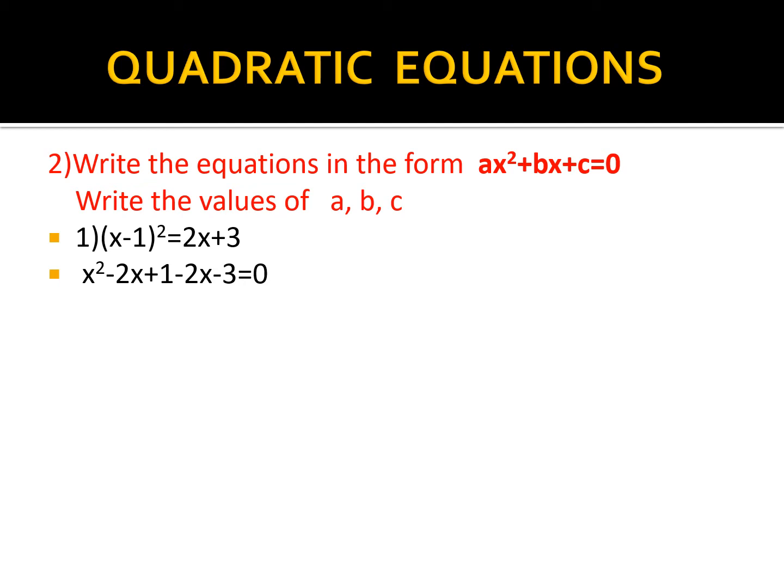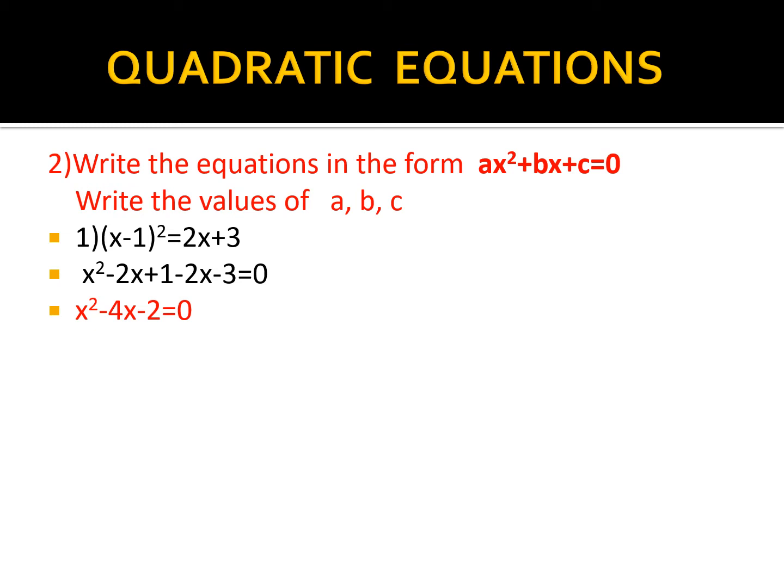Bringing 2x to the other side, we get minus 2x, and 3 to the left hand side, we get minus 3. Now we will simplify the equation. So we get x squared minus 2x and minus 2x gives minus 4x, plus 1 and minus 3 gives us minus 2, is equal to 0.